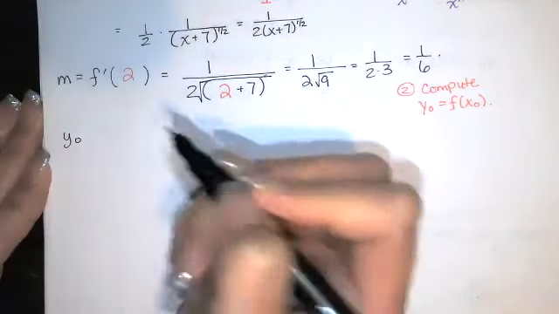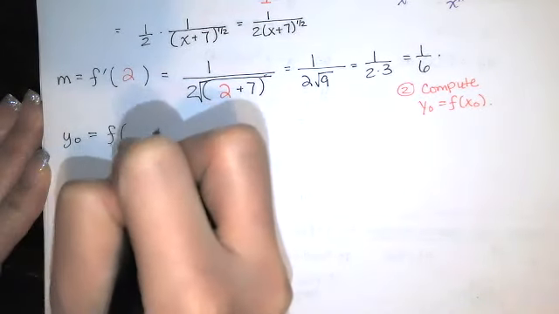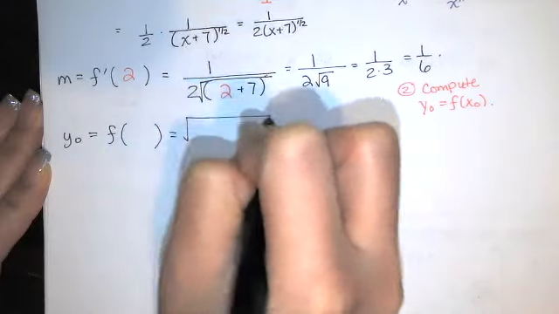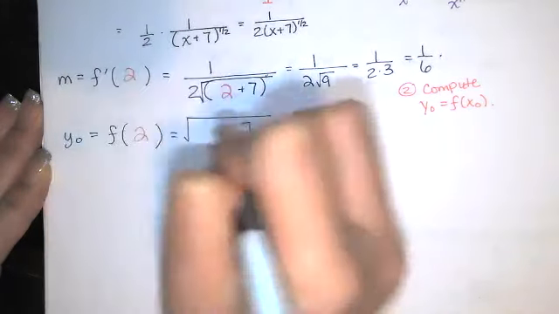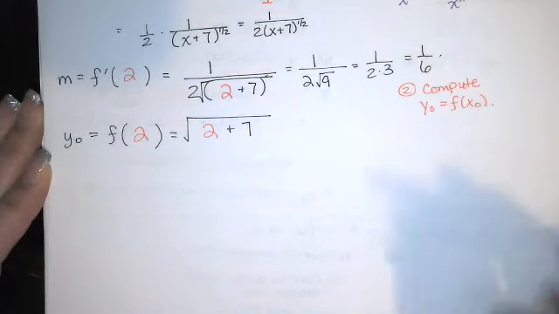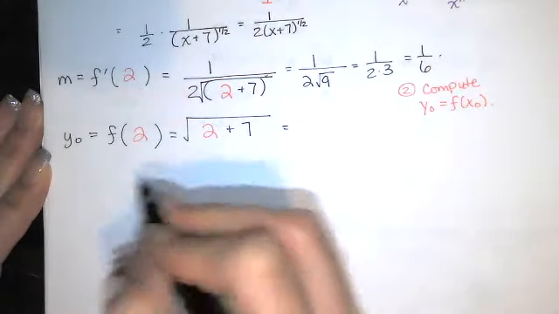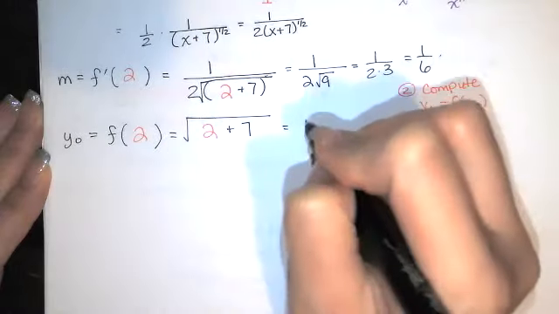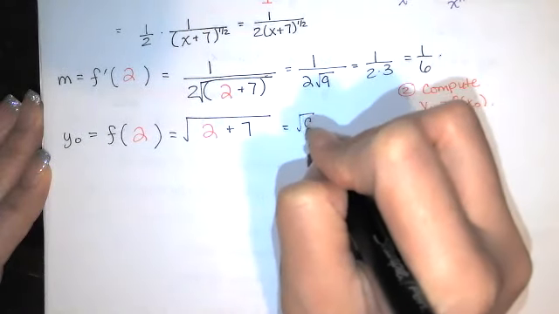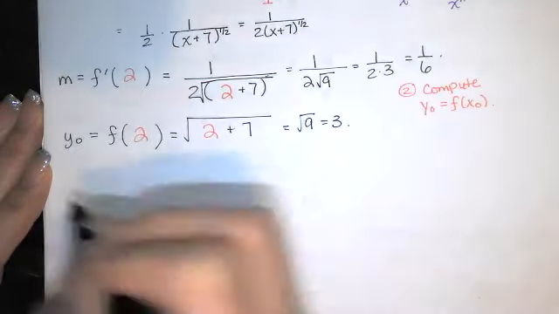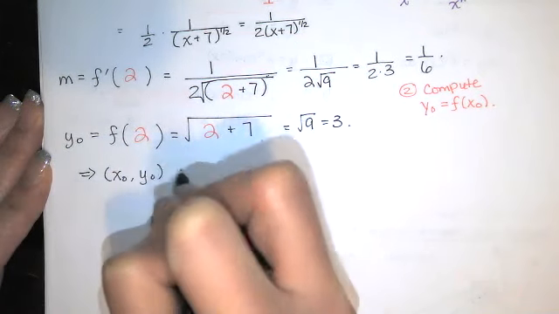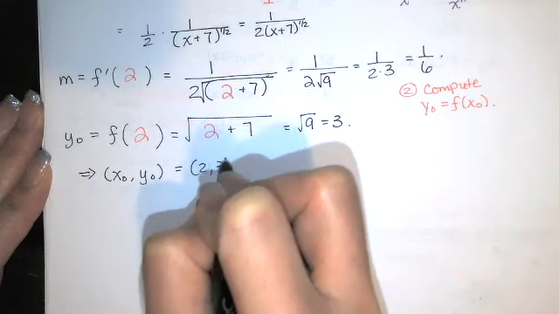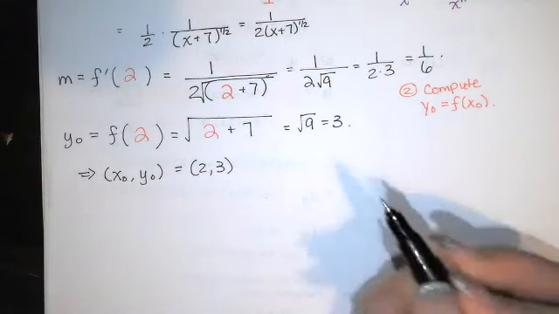So say y naught is f of x equals 2. And we get the square root of 9, which is 3. And so that means the point x naught, y naught, which is 2, 3, is on our tangent line.